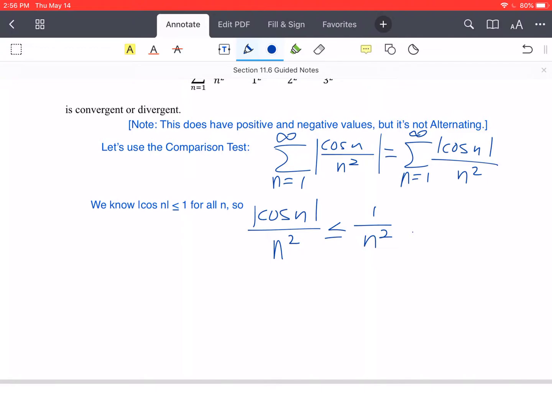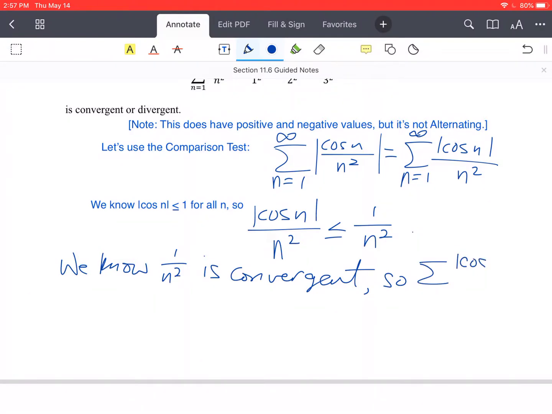Okay, and we know 1 over n squared is convergent. So the sum of the absolute value of cosine of n over n squared is also convergent by the comparison test.